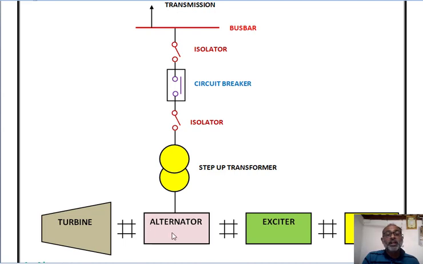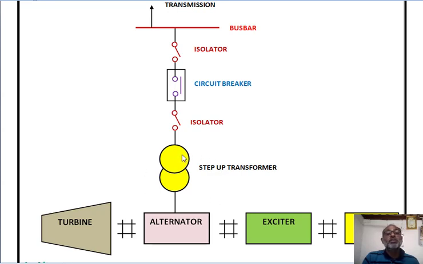Already I told you the alternator generates around 11 kV voltage in the power station. So we require 220 kV, 400 kV or 132 kV for the transmission. For that it requires a step-up transformer.